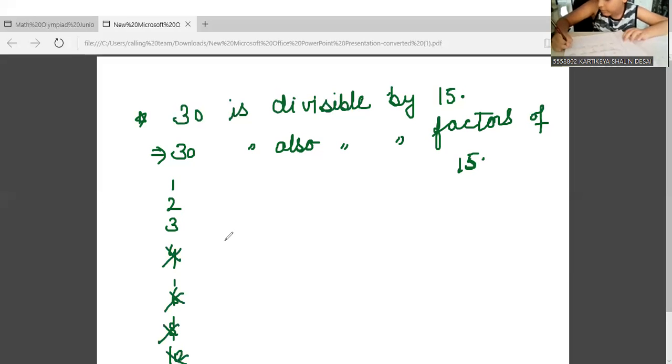So when we came to 4, can you say any number which is divisible by 4 surely is divisible by 2 as well? Yes, because 2 is a factor of 4. Are you with me?